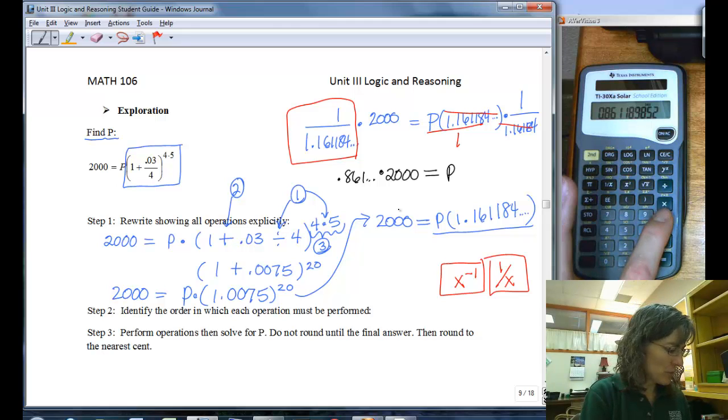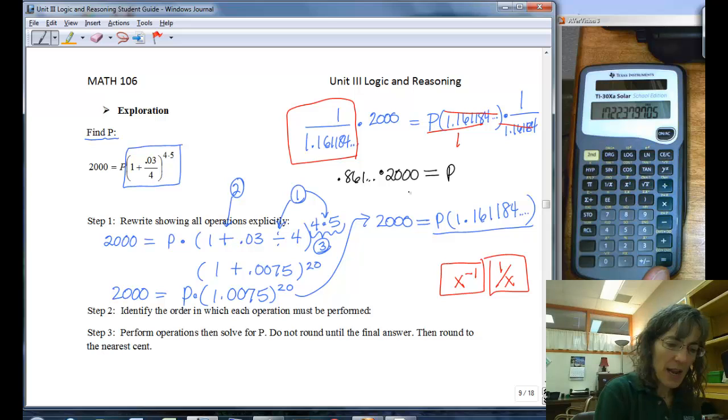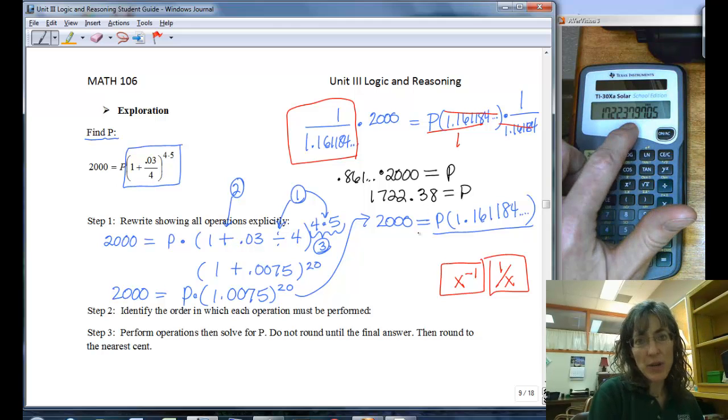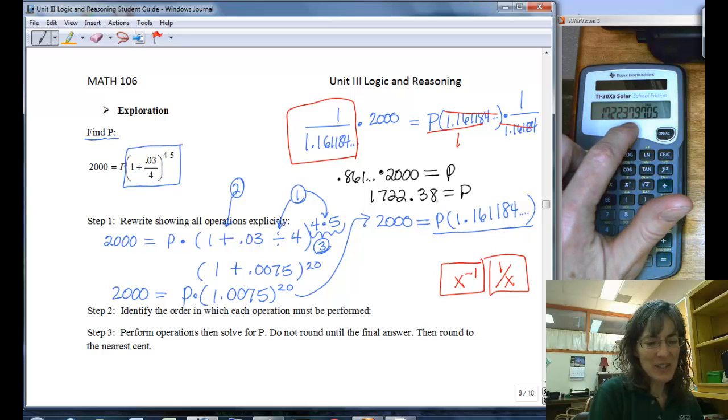Now I can just multiply by 2,000, so times 2,000 equals. And I end up with 1722.38 equals P. And I rounded because I have 0.379, and this is money, so I need to round to the nearest hundredth. And so I had to bump up that 7 because the next number was a 9.